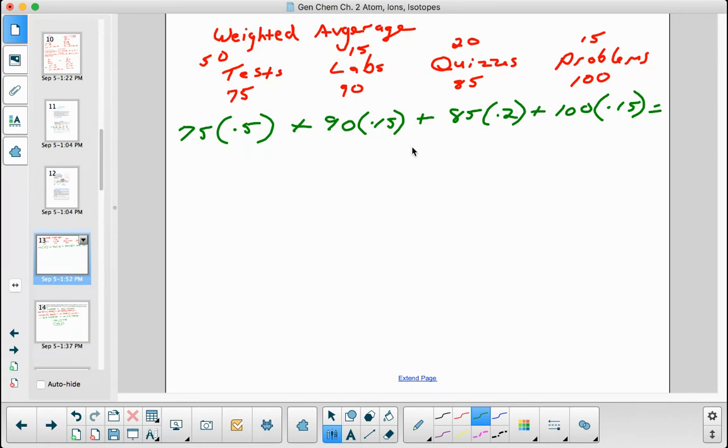And I get an average of, when I do that out, 83. So that's how you would work out weighted averages for a course grade. Again, that's not necessarily the percentages I use, but it's just an example.